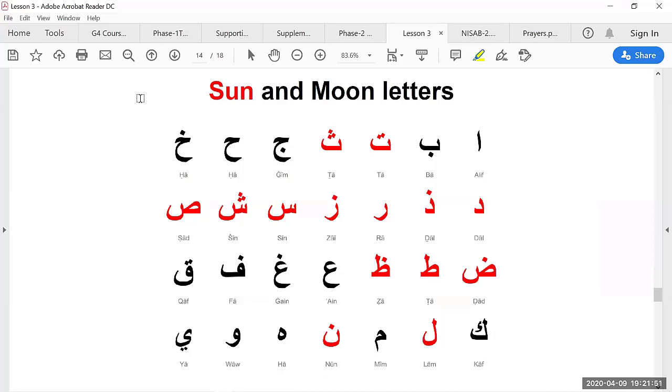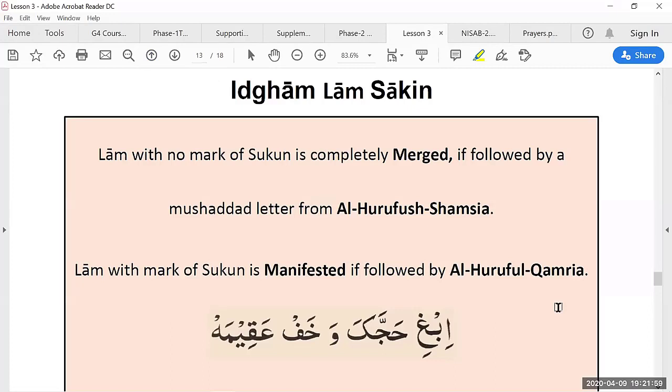Now this could be overwhelming because there are so many letters in each category. However, if you go back to the previous screen, there is an easier way to remember the 14 moon letters, or al-huruf al-qamariyah. You can remember them if you memorize this sentence, which is ibghi hajjaka waqaf aqimah.